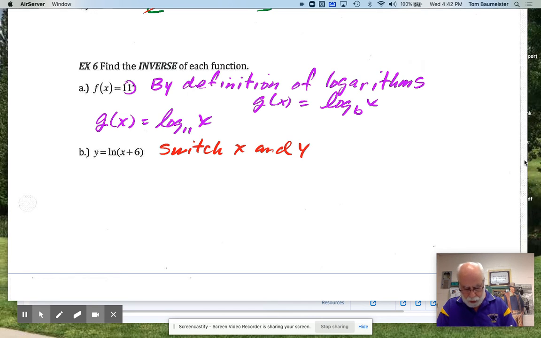So if I do that, I'll get x is equal to the natural log of y plus 6. And remember, what we're going to do here is solve for the new y.